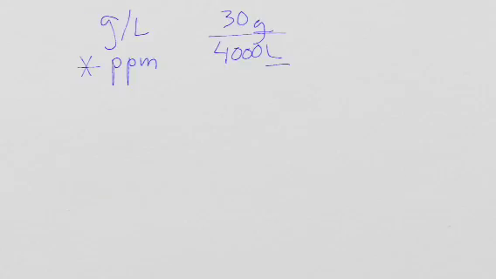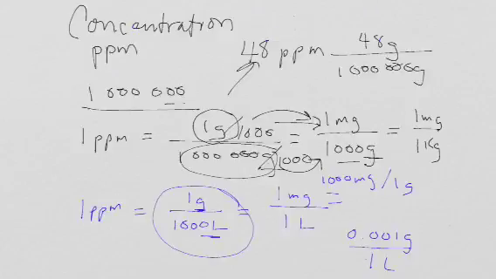If I've got 30 grams of substance in 4,000 liters of solution, how many ppm is that in 1,000 liters? Because I know back here that 1 ppm is going to be equal to 1 gram over 1,000 liters.